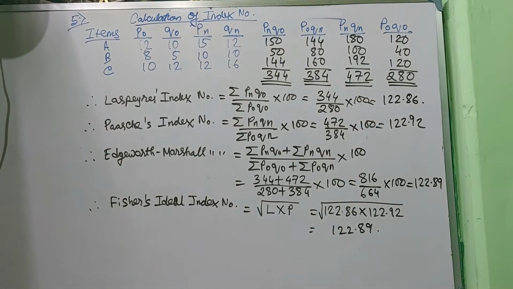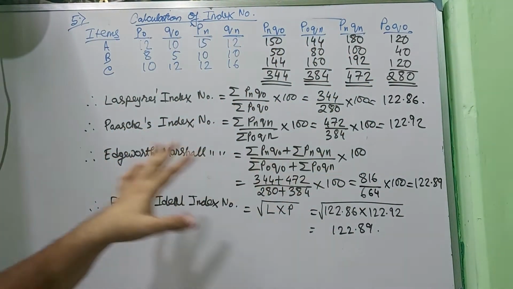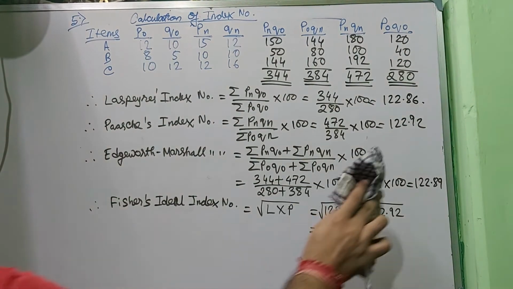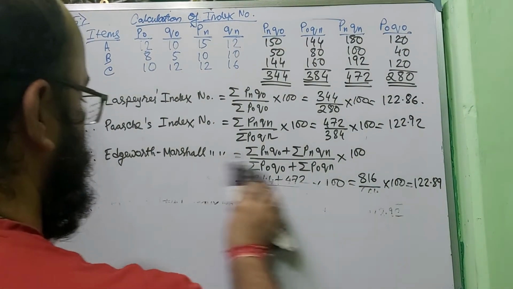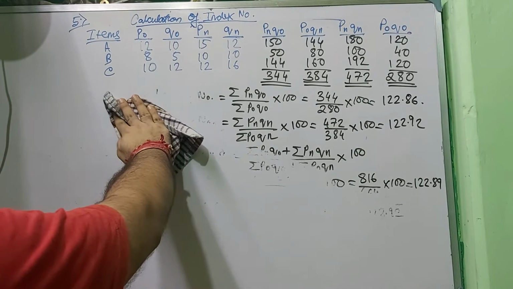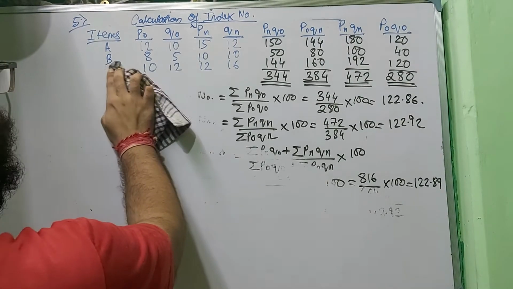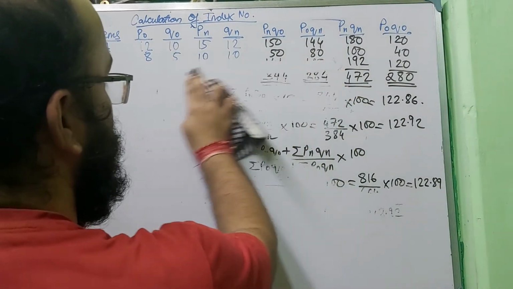Okay, so I am rubbing this part. Only the same part will be there, but the digits will change. There are two commodities, so C is not there.